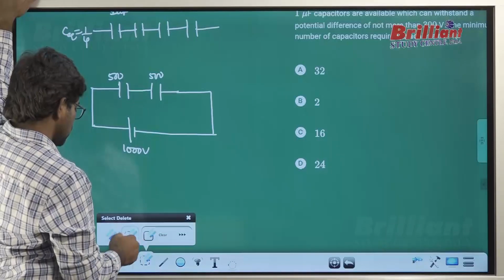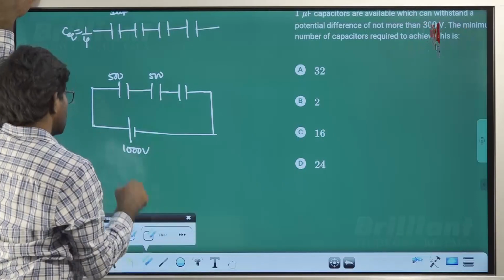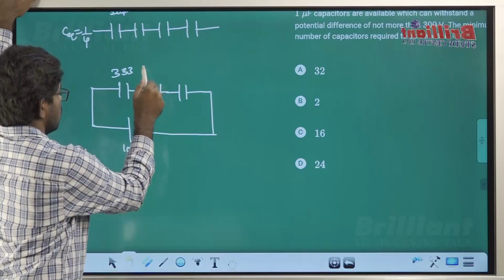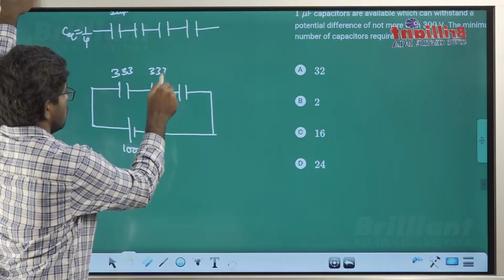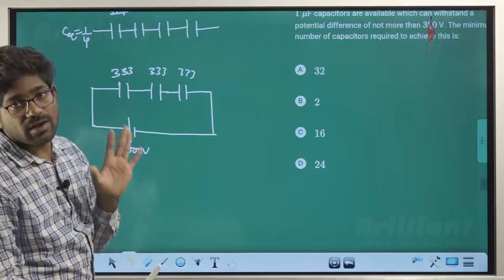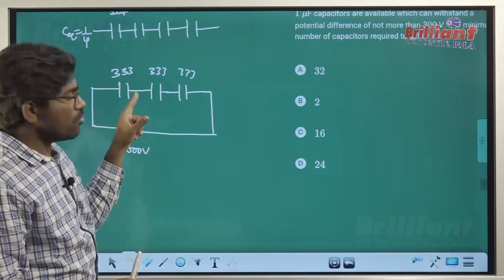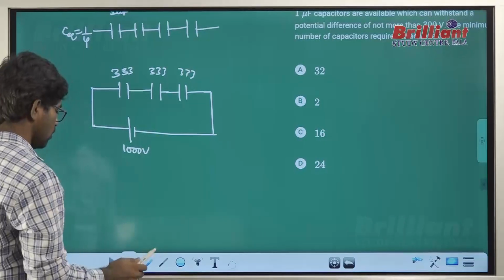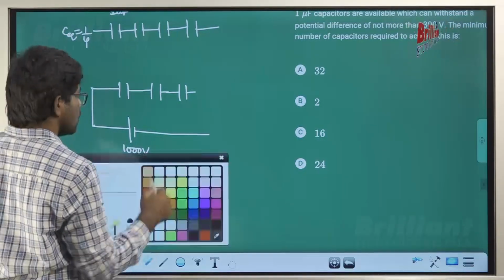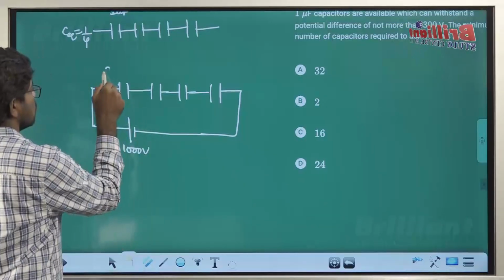Let's say if you are putting 3, chalo, I'll keep 3. What will happen? Each one will become some 333.33, whatever. But they can withstand how much maximum? 300 only, right? So 333, again damage. Now you put 4. Chalo, I will be putting 4. When I keep 4, how much across each? 250.